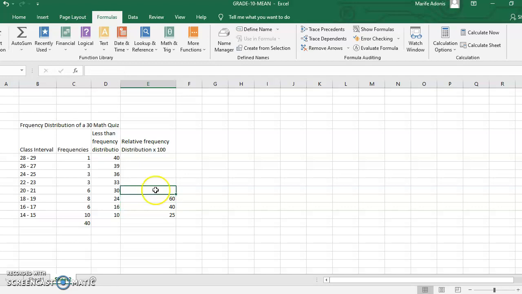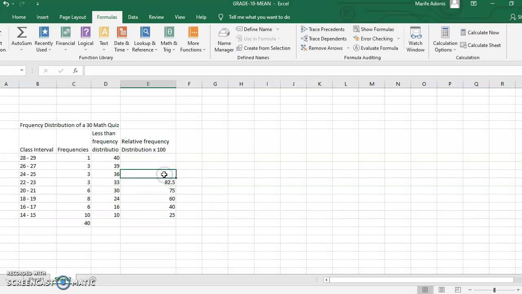Very good. Next, we have 30 divided by 40. Then, asterisk 100. Okay, good. Next. Then, 33 slash 40, asterisk 100 equals.